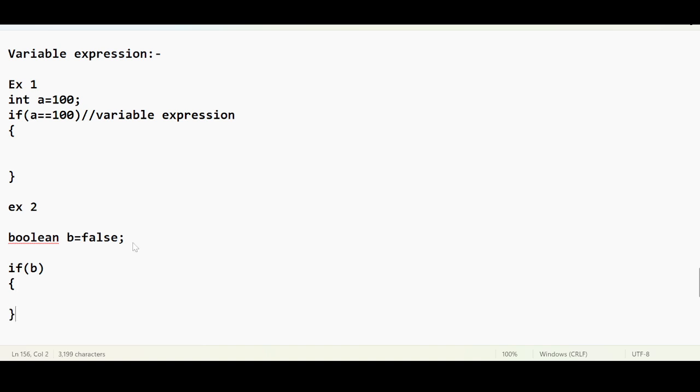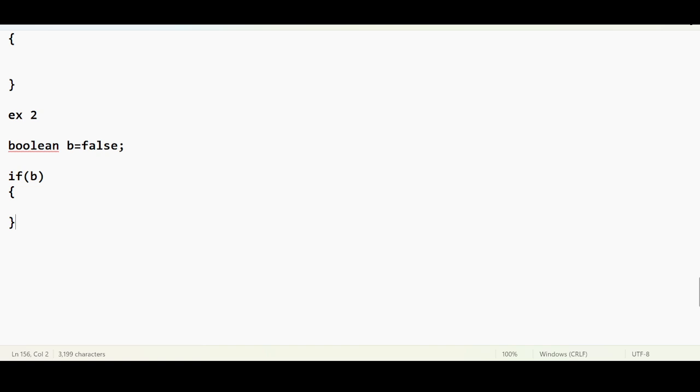If I ask you what kind of expression is this, you should say, sir, this is a variable expression, because you are using a variable b, which has a value false. So you are not using false directly here. Instead of using false, you have assigned this value to an external variable and you are using that variable here as an expression. So this is also a variable expression.